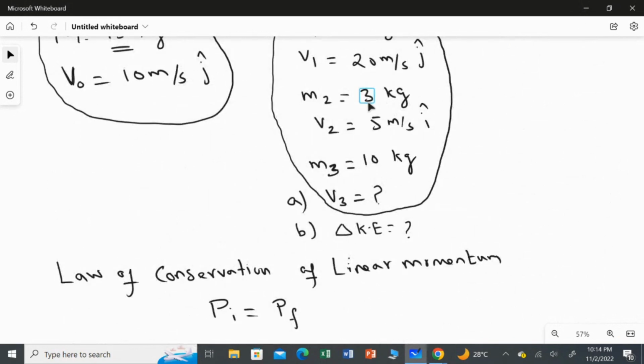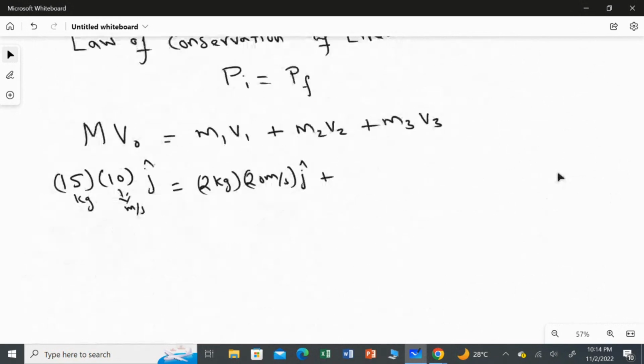The value of m2 is 3 kilogram. What is the speed of the m2? 5 meter per second I cap. So 3 multiplied by 5 meter per second I cap, plus the mass of the third object is 10 kilogram, right?